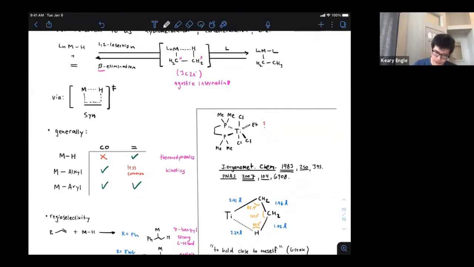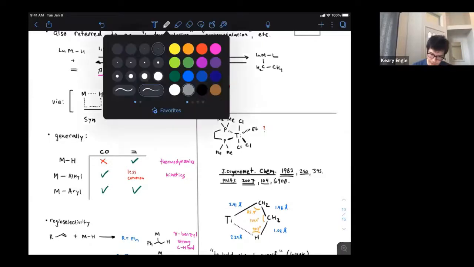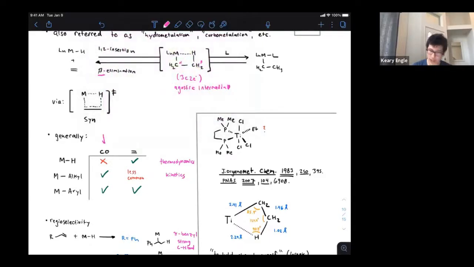Okay, so this reactivity summary table is really getting at the heart of some of the discussion coming out of the last question. Looking down the first column, this is what we covered in 1,1 migratory insertion, where we said that alkyls are the fastest reacting, followed by aryls, and then hydrides are typically unreactive.